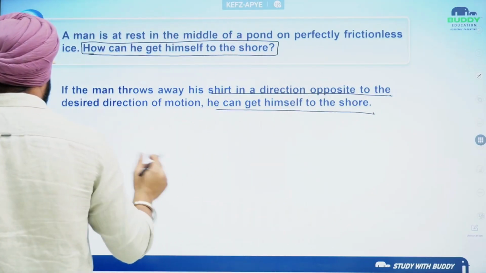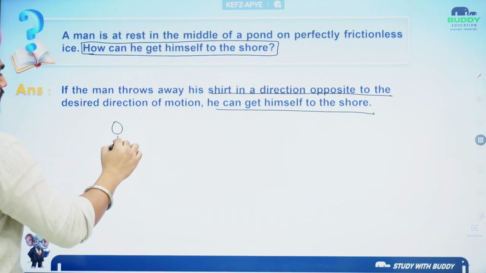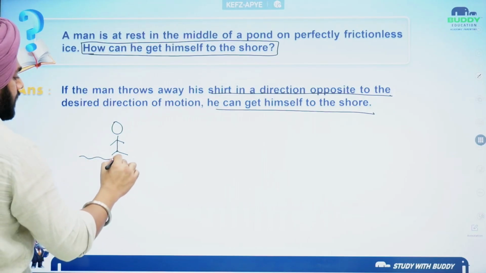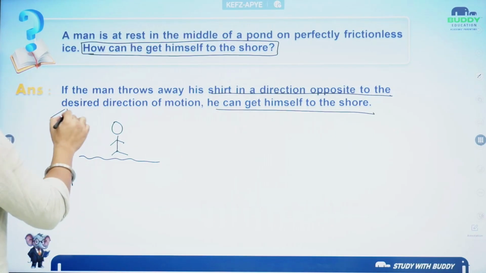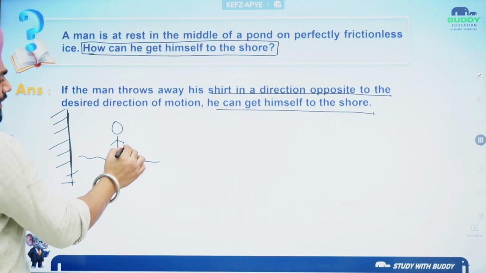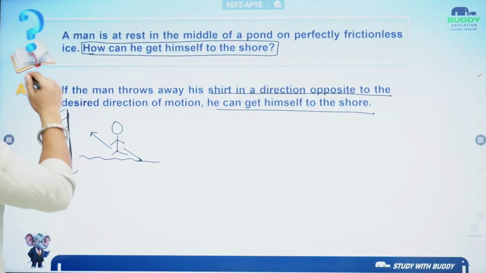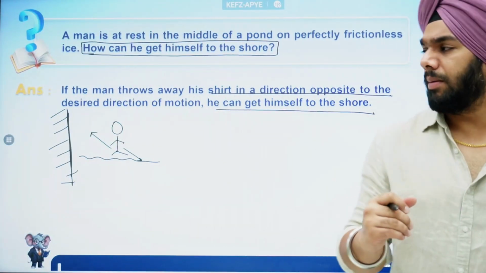I'll explain how. Suppose this is the thing, and he wants to get to this side. If I apply force here, the reaction will be on the opposite side, no? Getting my point?